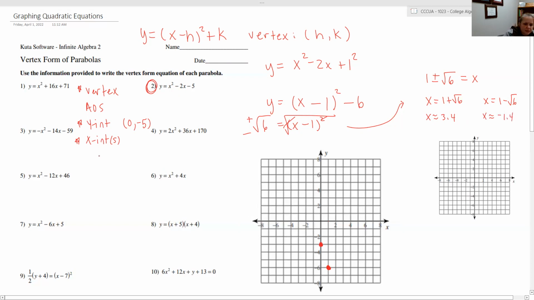So those x-intercepts, if we write them in coordinate form, are 3.4 comma 0 and negative 1.4 comma 0. So between 2 and 3, somewhere right in there, and then negative 1.4-ish somewhere in there.